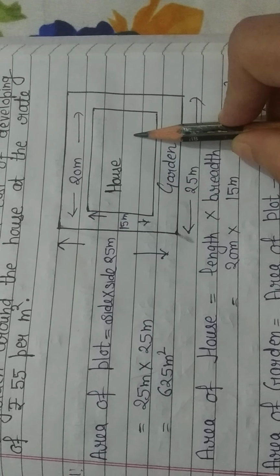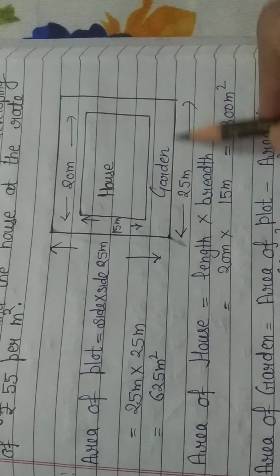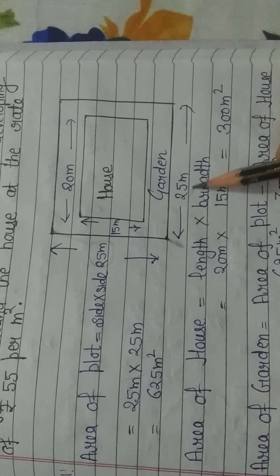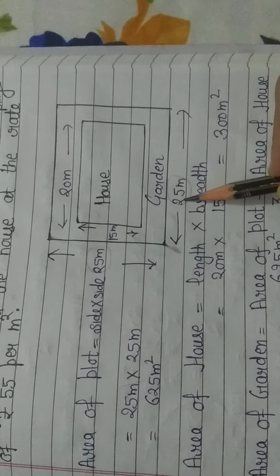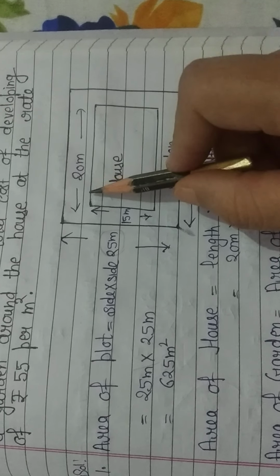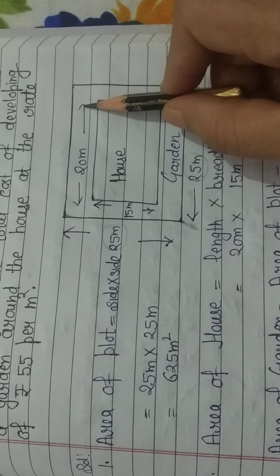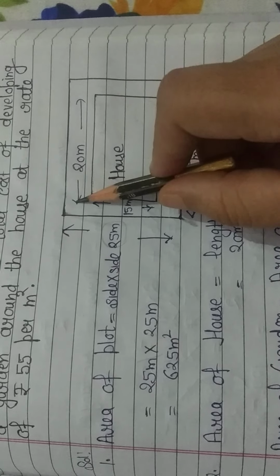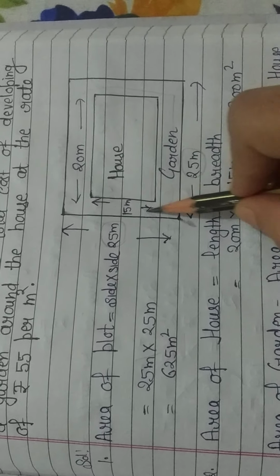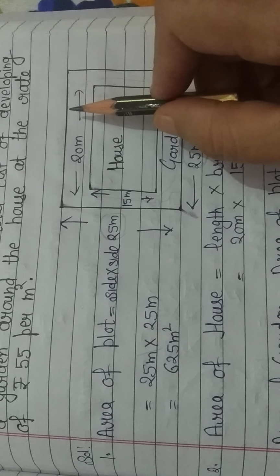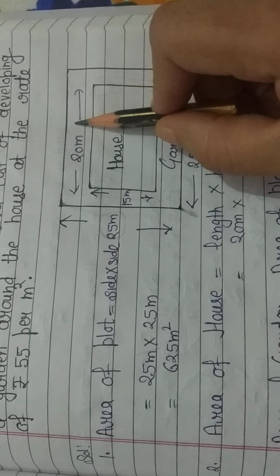Now according to the given condition, this is a plot which is in the shape of a square and the sides are 25 meter each, and Mrs. Kaushik wants to construct a house in the middle of the plot, and that is in the shape of a rectangle whose length is 20 meter and the breadth is 15 meter, and in the remaining portion she wants to construct a garden, and we have to find the cost to construct the garden.